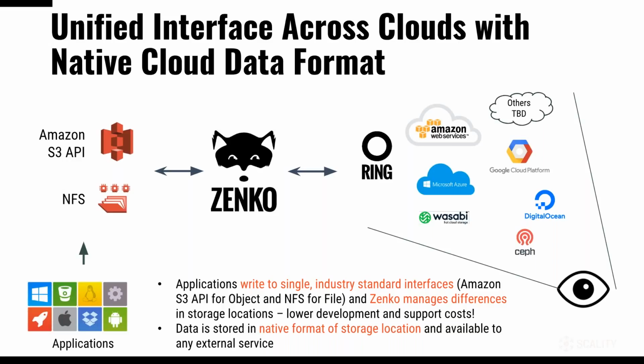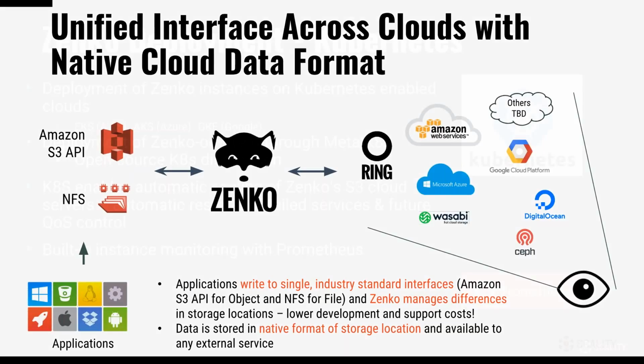Obviously, Scality Ring as well, which means, oh, it is in the slide. Nice. All of these clouds use different APIs, and thanks to Zenko, you can converge on the S3 API and use any S3 compatible application talking to Zenko that's fronting all your other clouds.